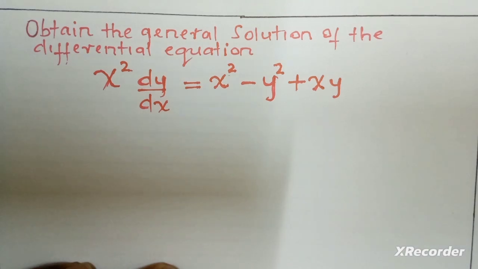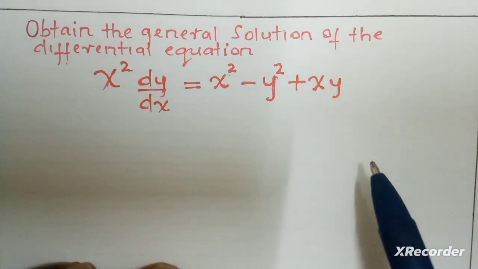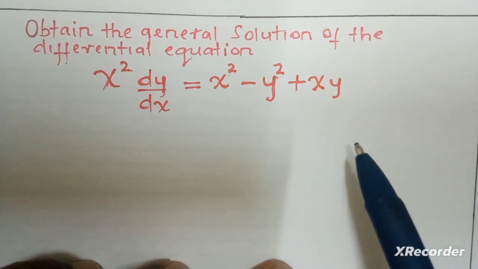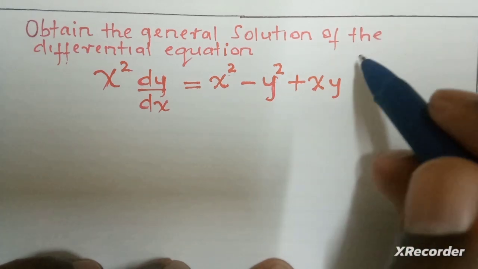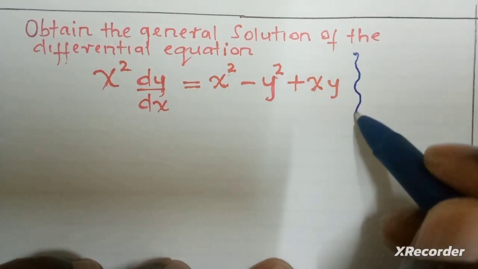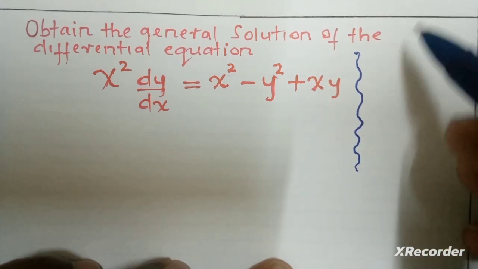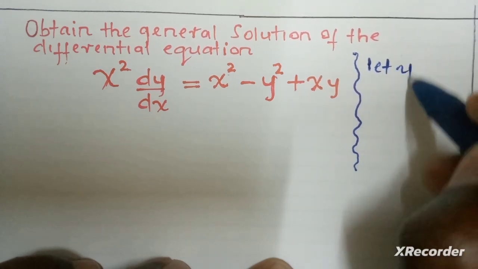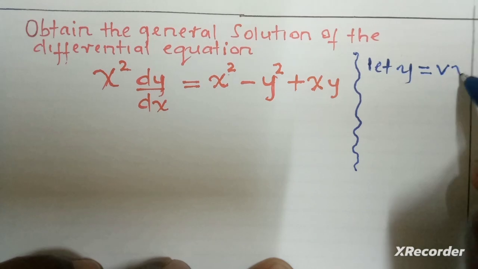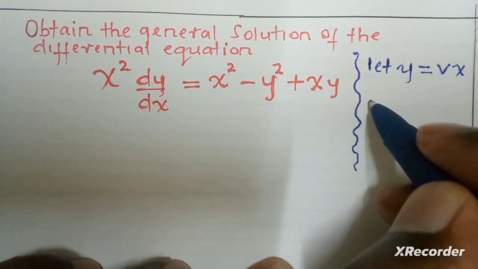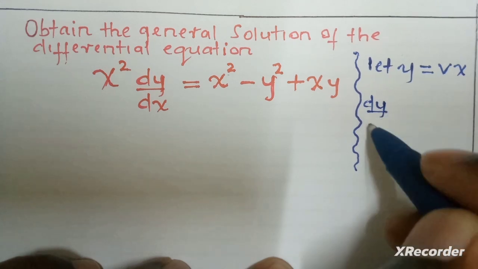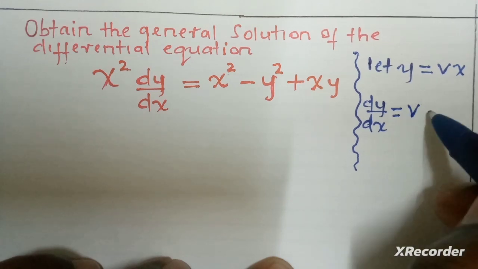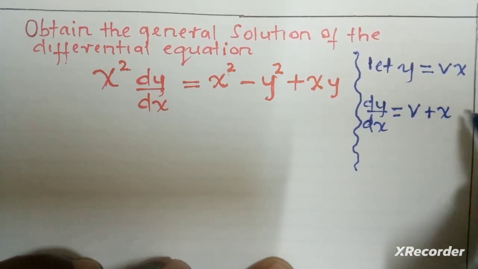This differential equation guys is a homogeneous equation, whereby we say, let me just show you here guys, I can put a boundary here like that, so that we say let y be equal to vx, and so therefore dy over dx will give us v plus x dv dx.